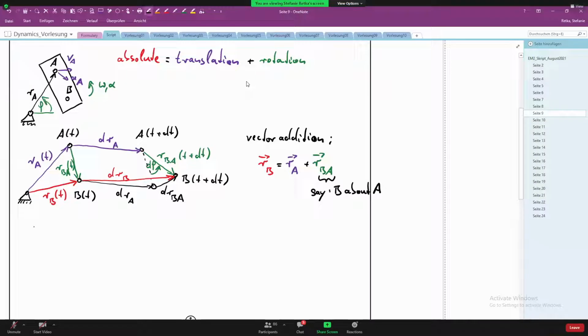So as I already said, the distance between these two points, just the distance AB, is constant over time. The length, the distance. But the orientation changes. And since it's a vector addition, the vector components change as well.